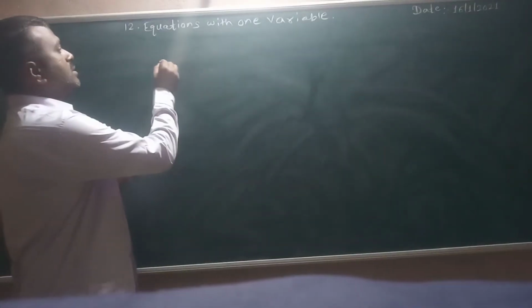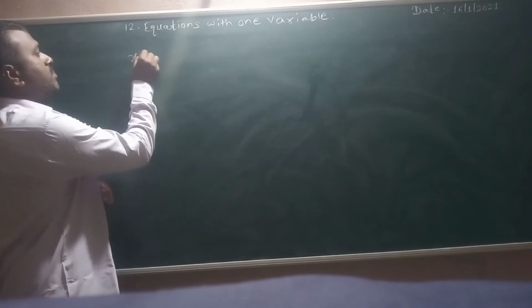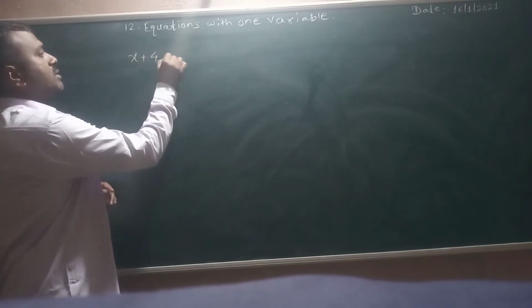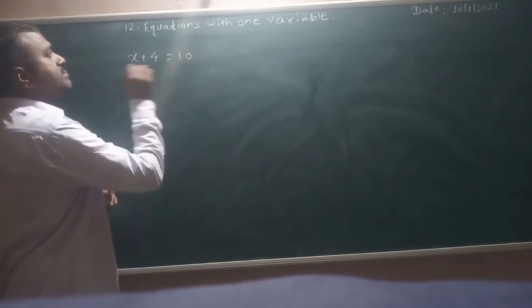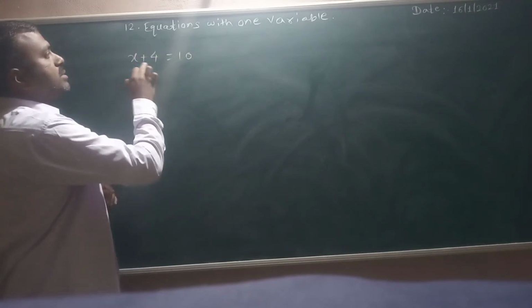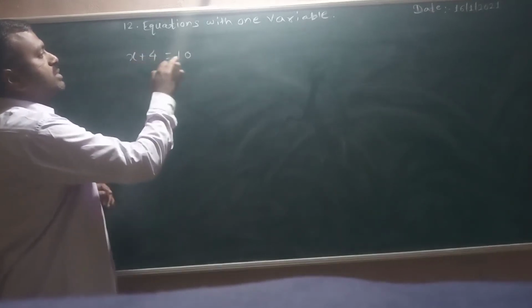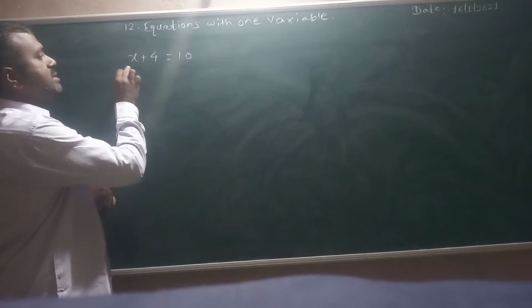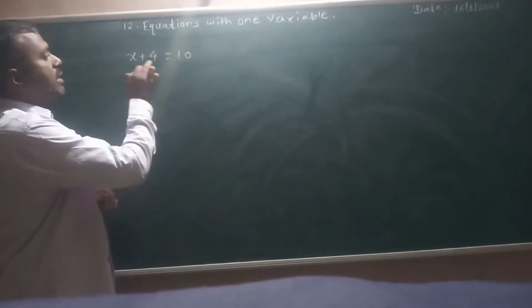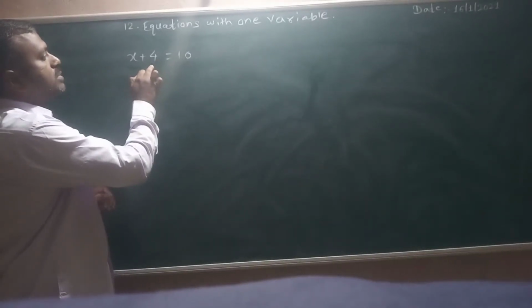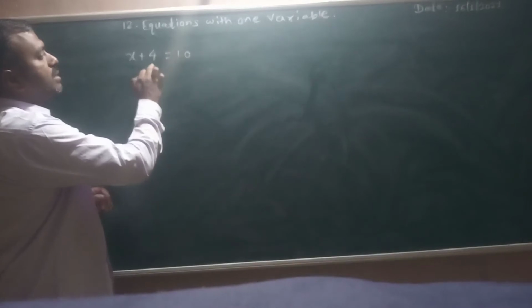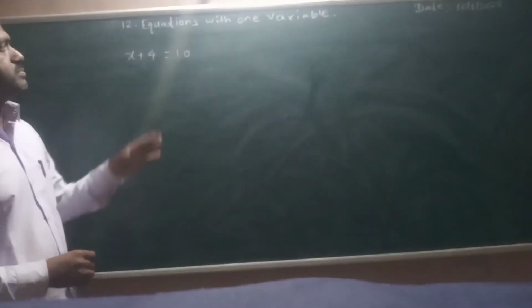Here x plus 4 is equal to 10. This is an equation with one variable. Variable is here x, and plus 4 and 10 are the numbers.